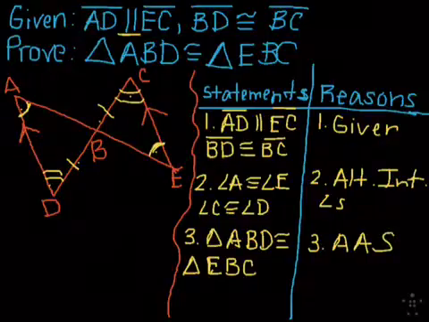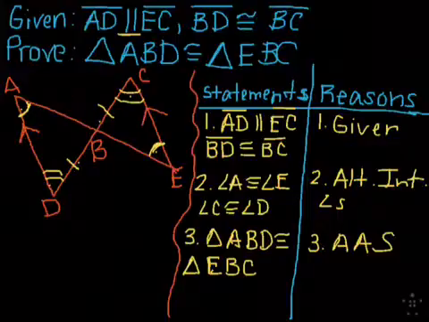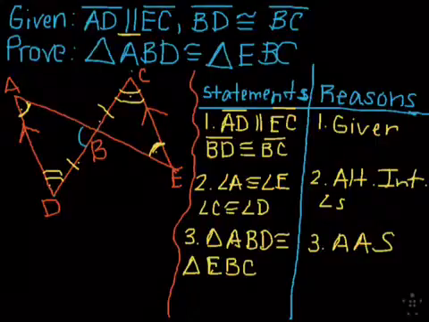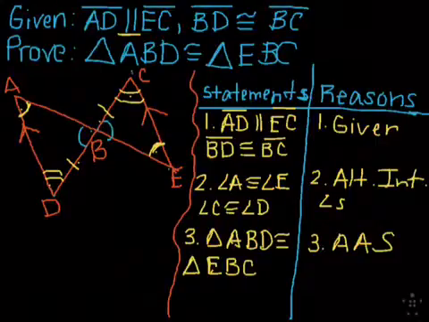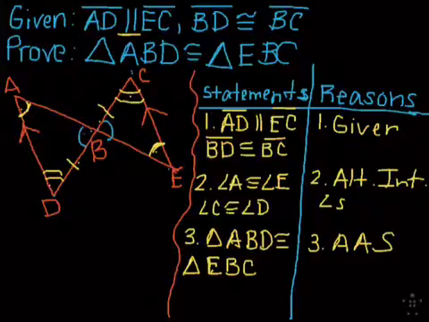Now, you could have also proven this triangle was congruent by angle, side, angle if you remembered right here that angle ABD was congruent to angle EBC, and those are vertical angles, so you could have said angle, side, angle. So it's two options for it here.